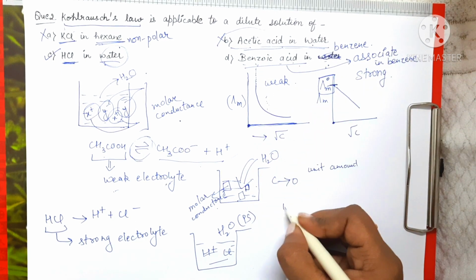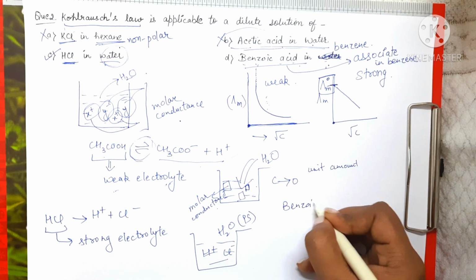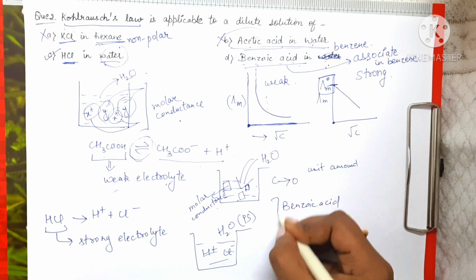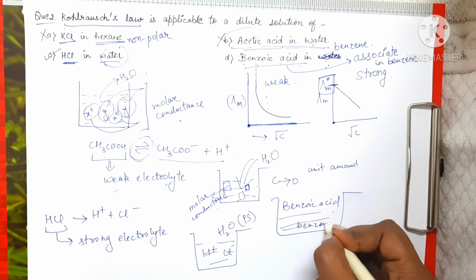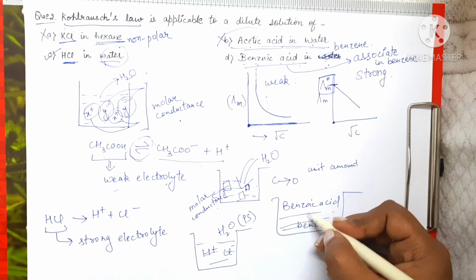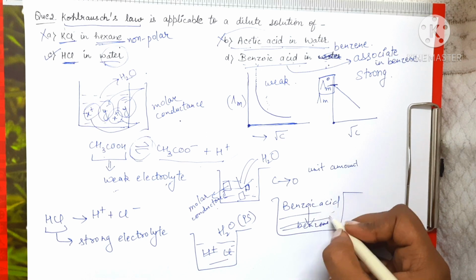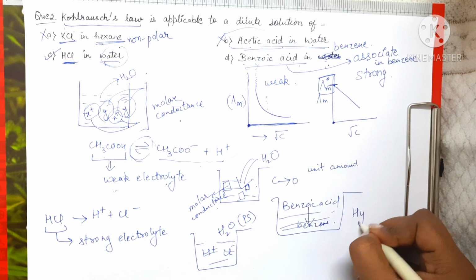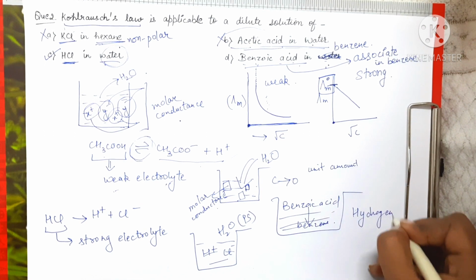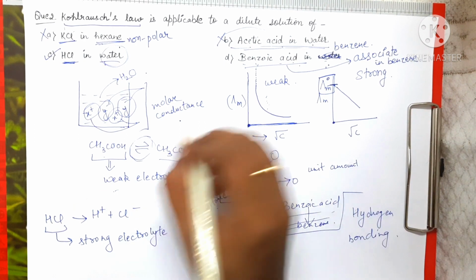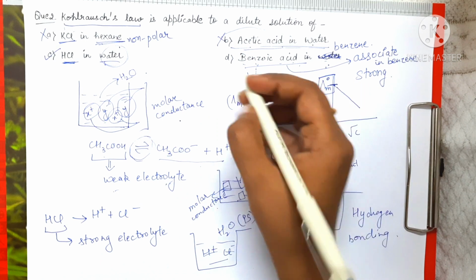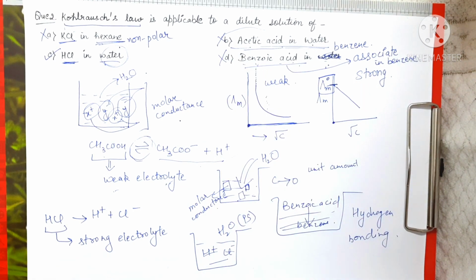When we add benzoic acid to benzene, it is going to associate via hydrogen bonding. So it is not going to dissociate and we are not going to get any values of molar conductance. So this is also definitely not going to be the answer.